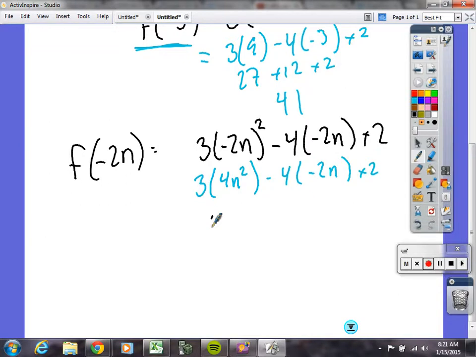Then I get 12n squared plus 8n plus 2. And I can't simplify that anymore, can I? Make sense? Any questions? Okay, pretty simple, huh? You okay, Parker?